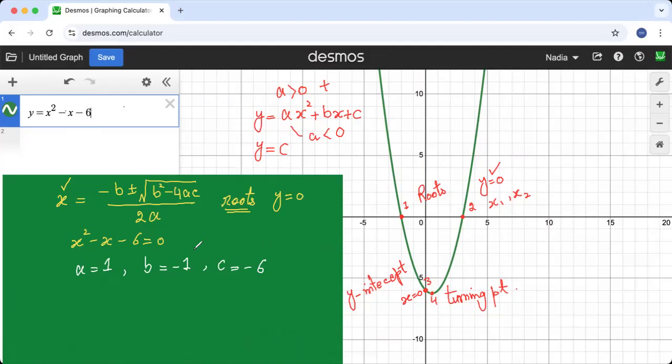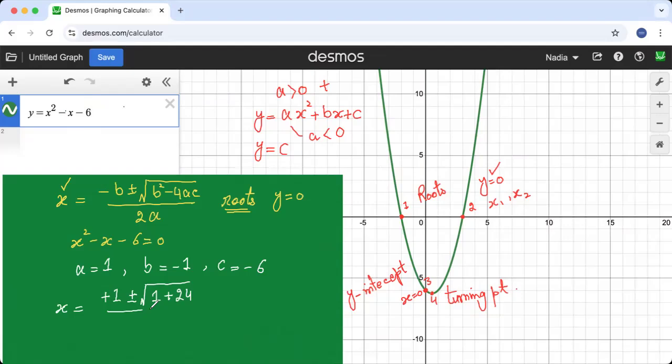Now we put these values in this formula and find the values of the roots. So x is equal to -(-1), so it will turn into positive 1, plus minus square root of b square, which is 1, then -4 times a, 4 times 1 is 4, then c is -6, negative times negative gives plus 6 times 4 is 24.